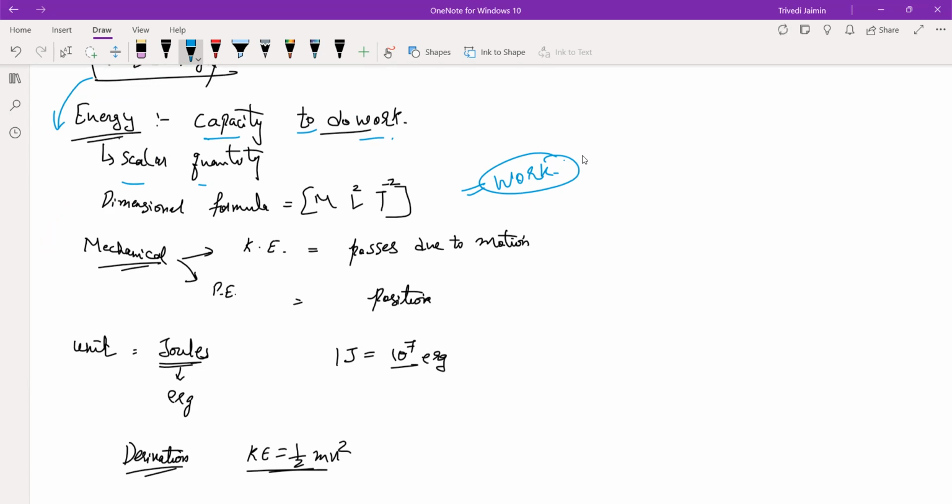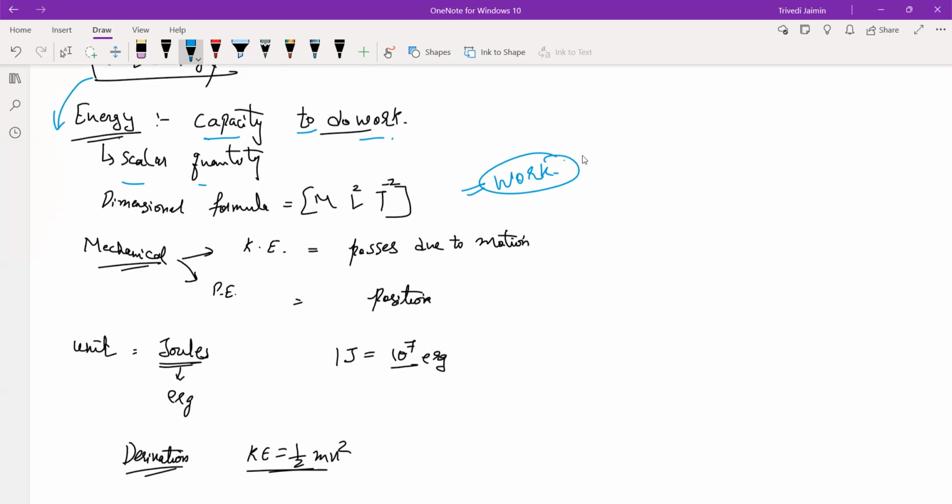Work is force applied on a body and it displaces from a position. How much capacity some object has to displace, that is energy. And at what rate it is doing that work, that is power. All three are related to each other.